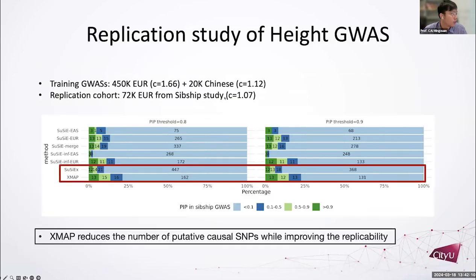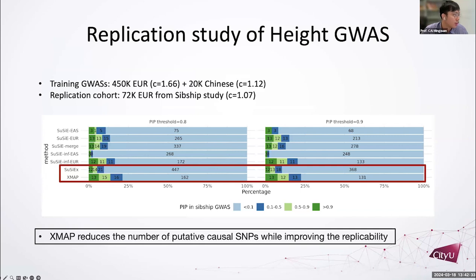Okay. Now, we also conducted a replication study to see whether the results of XMAP are reproducible across different data sets. What we do is use two training data sets which can potentially be contaminated by confounding effects, with inflation constants 1.6 and 1.12.